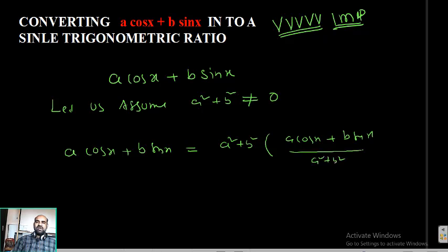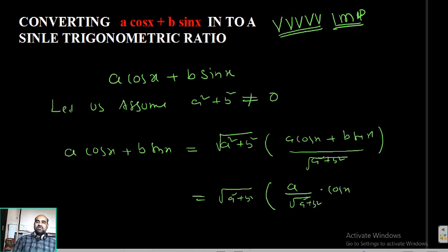Just I multiply and divide by root over a square plus b square. So root over a square plus b square into a by root over a square plus b square into cos x plus b by root over a square plus b square into sin x.